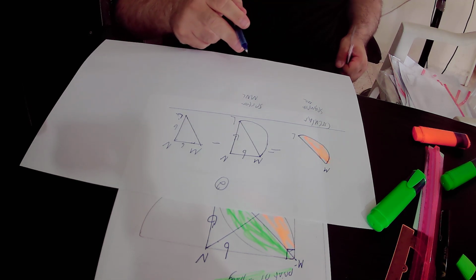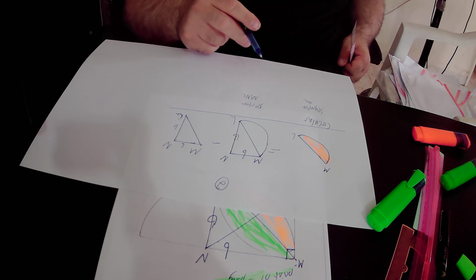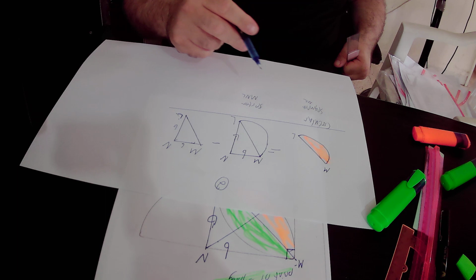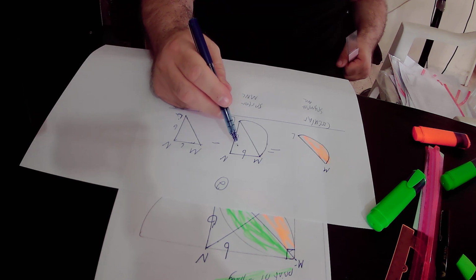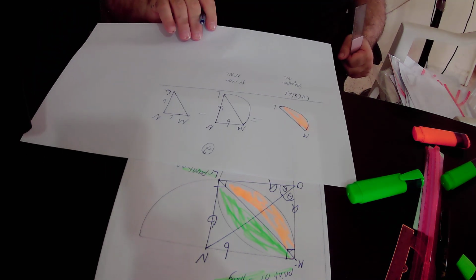In order to find out the area of sector MNL, we have to find out the angle between its legs. So what is the angle between the legs of sector MNL?